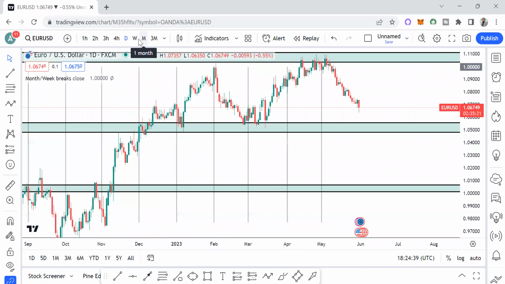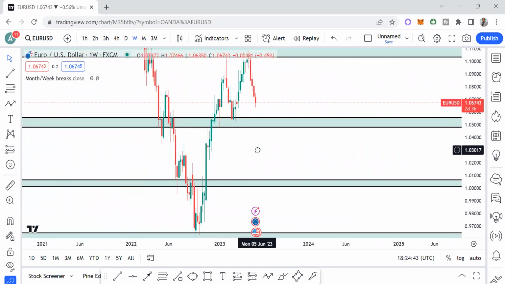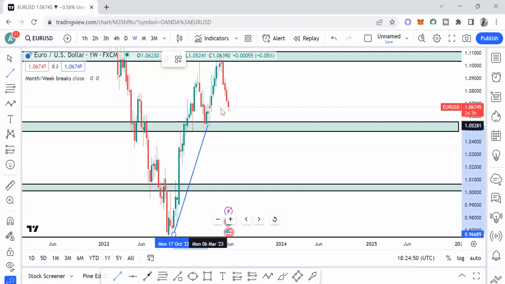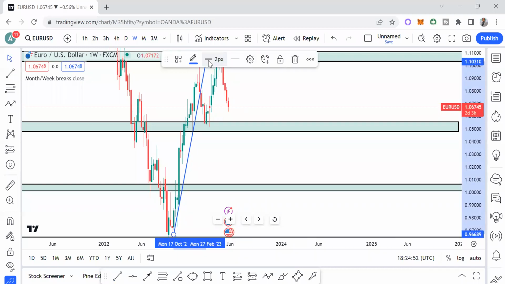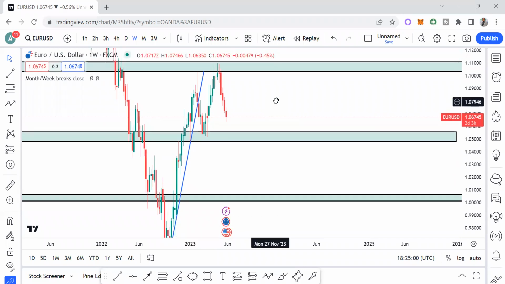Let me go back to the weekly time frame. If you can see, it actually looks like price just went up all the way. Although there are major pullbacks there, the move just looked like it went up all the way, right?